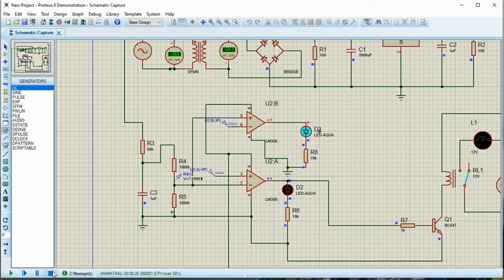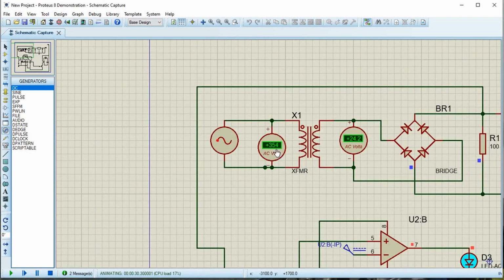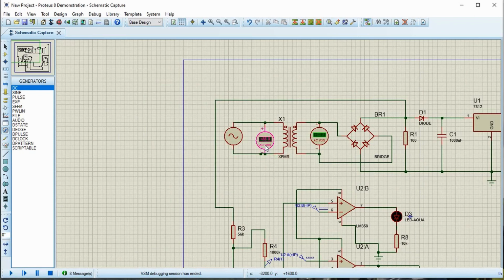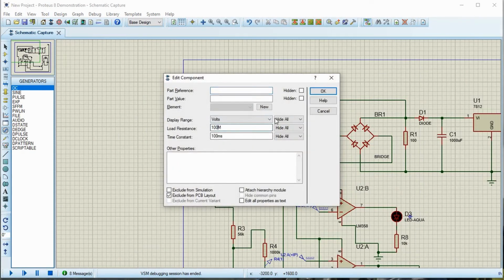Okay, now let's see. We have already checked the high voltage, and this was for the low voltage. Now the input voltage I have given is 354. It is definitely more than the lower voltage, so this is high. And this is above the upper cutoff voltage, so this is low. Let me take it to a middle voltage.